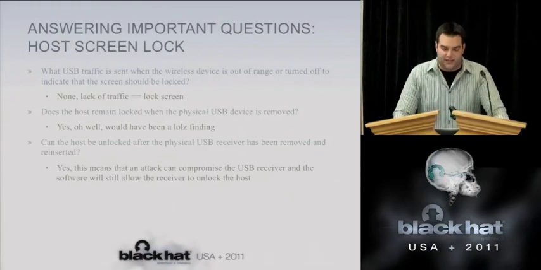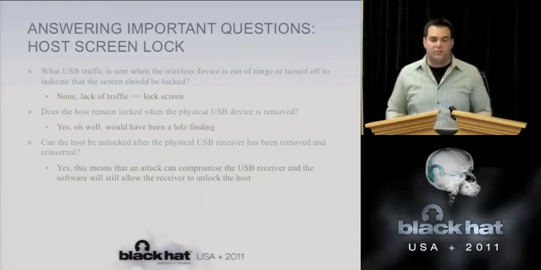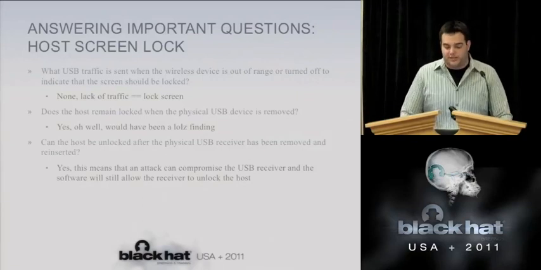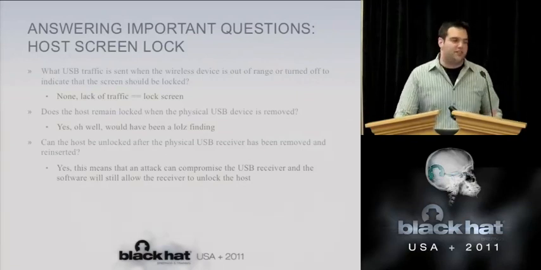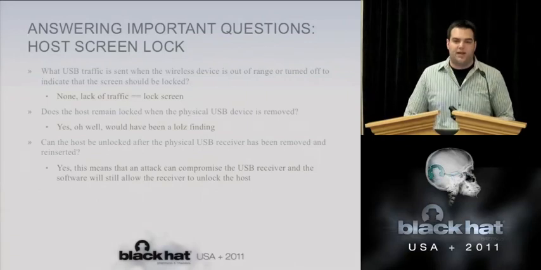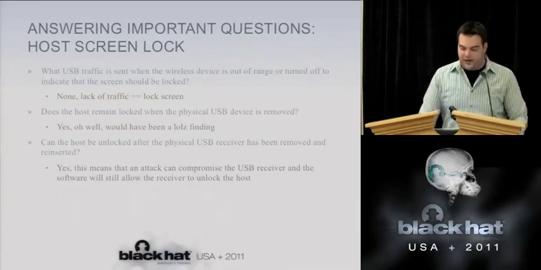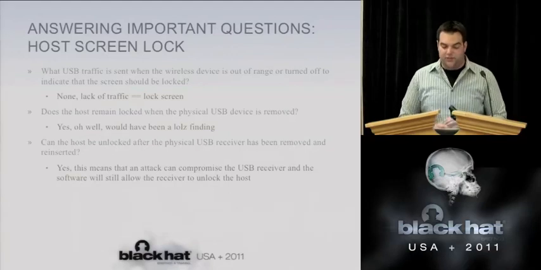So the next test case is, can you go up to a machine, remove the USB dongle, and plug it back in and have everything work as normal? And the answer is yes, you can. So now we've solidified the fact that the USB dongle can be compromised. It's fair game for an attacker to grab that dongle, walk away, and do whatever they want with it. All right, so now we understand what happens when the host screen is locked.